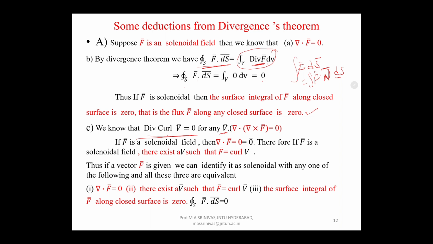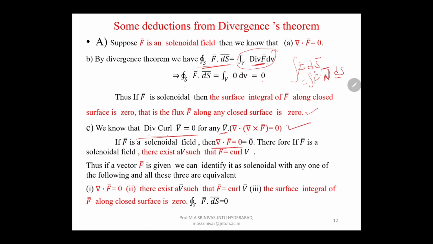If v bar is given as a very complex function, which is very difficult for taking derivatives, and you are asked to find div curl f bar, straight away you can write it as 0. Div curl f bar, that is del dot del cross f bar, is 0. Just now we learned if f bar is a solenoidal vector, the divergence of f bar is 0.